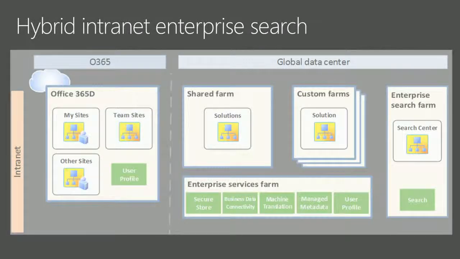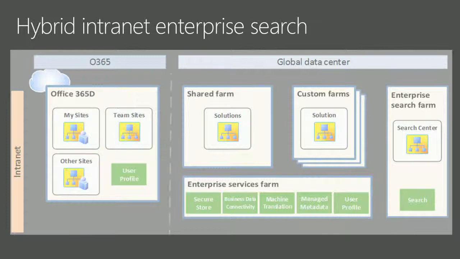So here's an actual example of a customer I'm working with that needs all of these. They've got the O365 environment hosting the My Sites and Team Sites and a host of other data. Then they have an on-prem shared farm, as well as some custom farms.